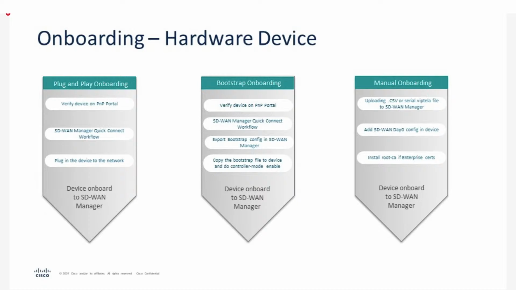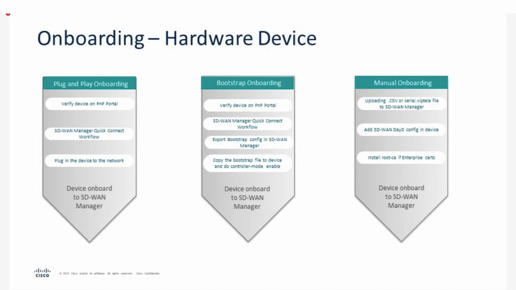And the third option is manual onboarding. Again, it's the same process, but in this case, instead of having a direct PNP portal connected to the manager, we can download the CSV file, which contains the serial number and the chassis number of the edge devices, and we can upload that in the manager GUI, so that the manager will be aware of this, and the manager gives us an option to share this information across all the other controllers like the validator and the vSmart.